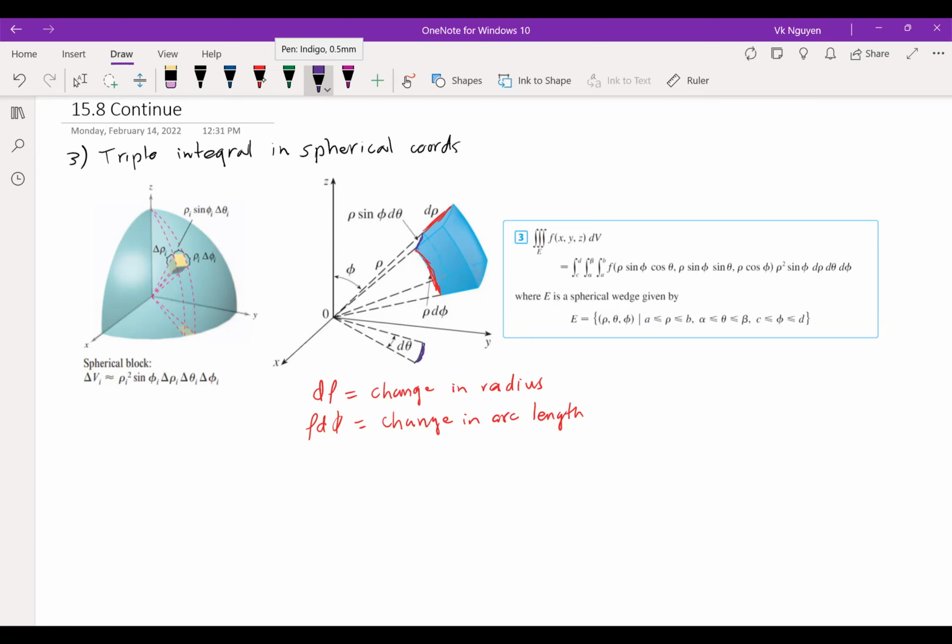Remember, this arc length is on the xy plane, so it's all d theta. So we have another one. This all d theta, but then all d theta is, well, rho sine phi d theta. And then from there, you have the base area times the height, and you get the volume of one block.